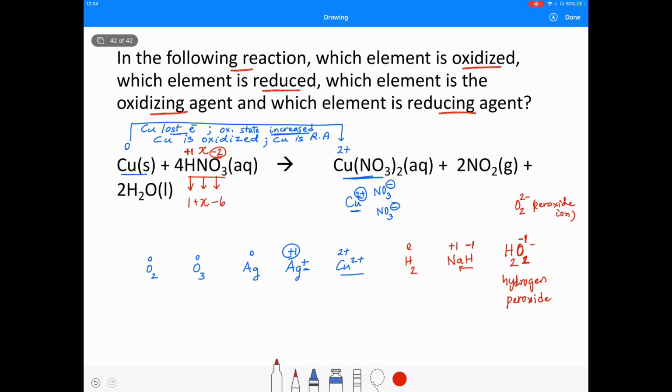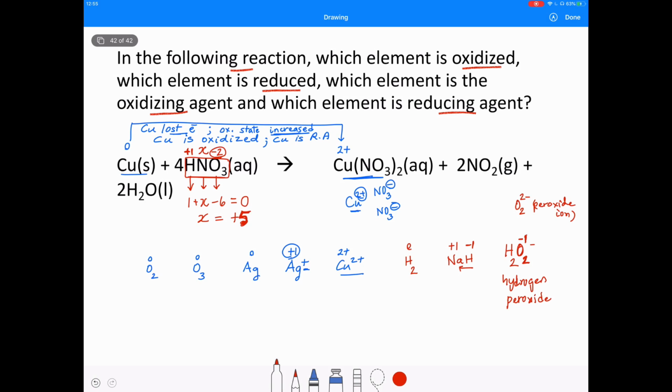The sum of all oxidation states should be equal to 0 because this is a neutral compound. That means X will be +5. So nitrogen has an oxidation state of +5 in nitric acid.